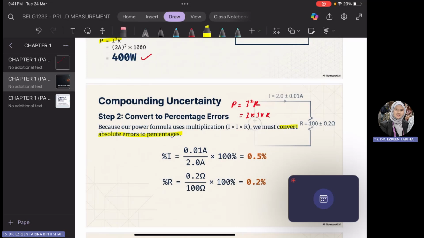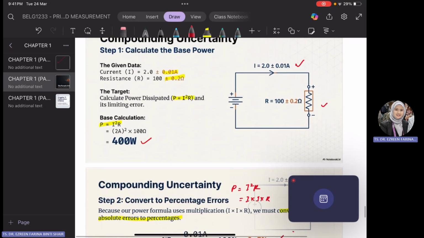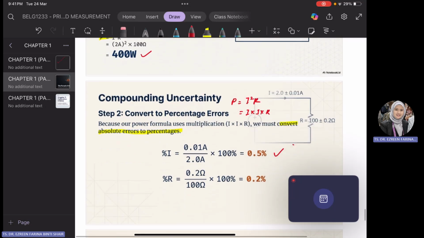So you will get the percentage error for current is 0.5%. The same thing for the resistance. The error is 0.2 ohm, so divide by 100 ohm, multiply with 100%. So you get the percentage error for the resistance is 0.2%.